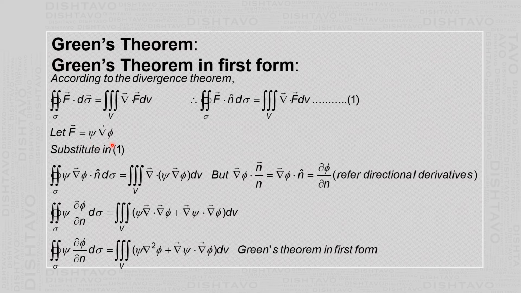Psi and phi are scalar functions. So we substitute on the left hand side and we get the surface integral of psi grad phi dot n cap d sigma, and on the right hand side the volume integral of divergence of psi grad phi dv.